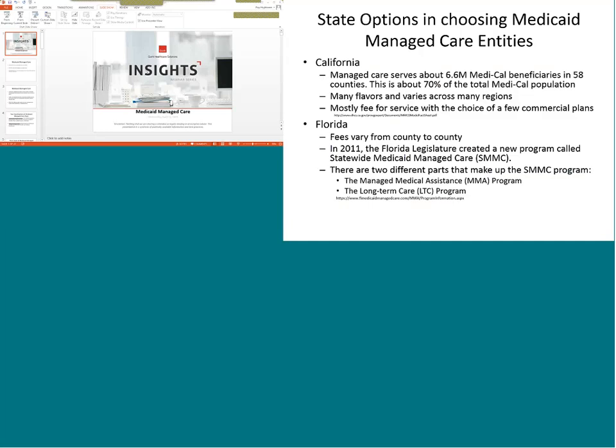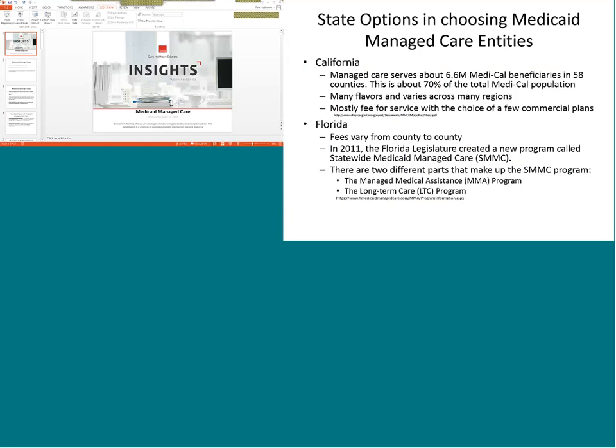As I said, California has quite a variety of Medicaid managed care plans, with 58 counties and 6.6 million beneficiaries, and there are several different types within each of these regions that each county has the ability to choose to implement in their region.